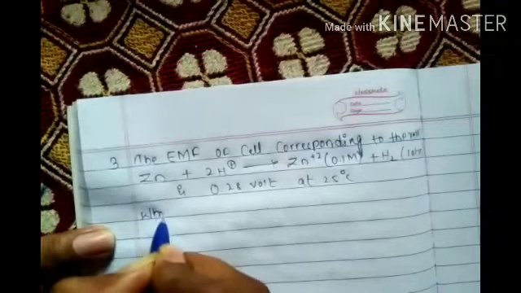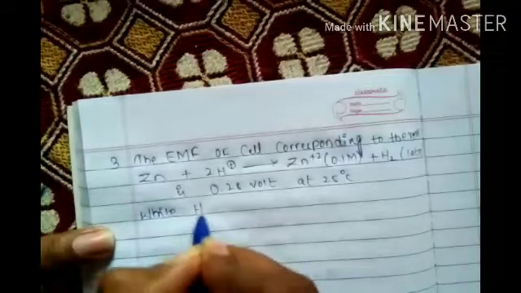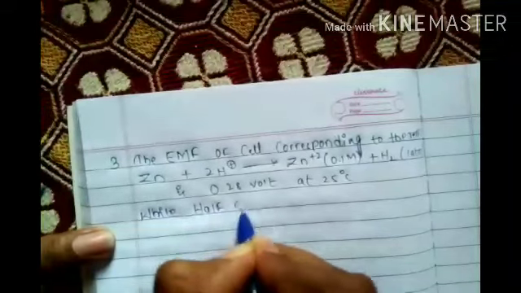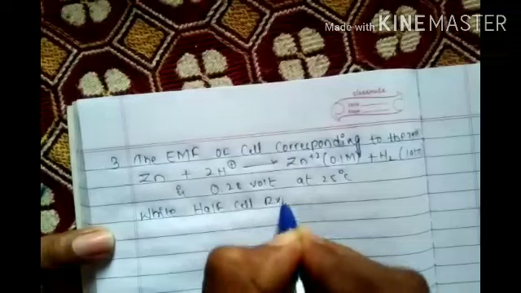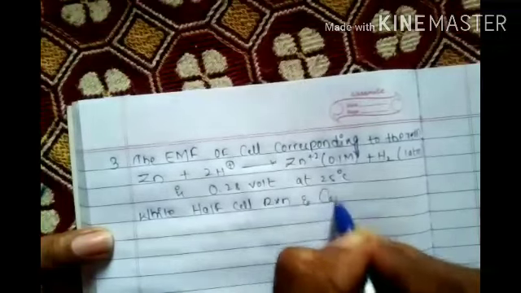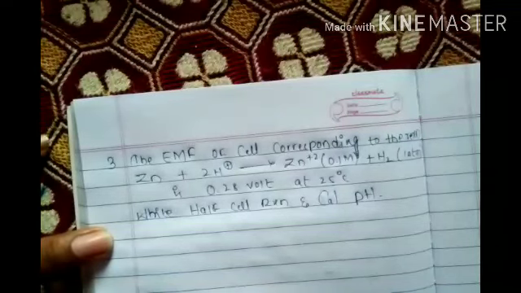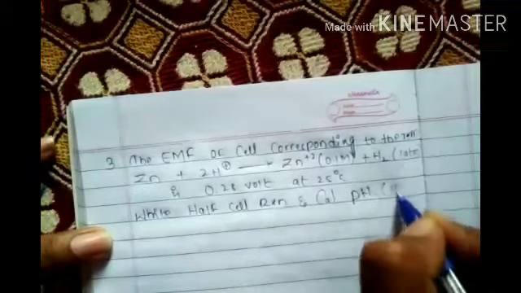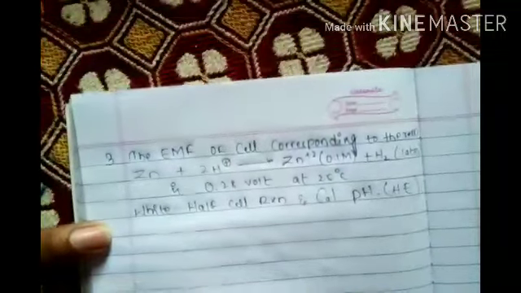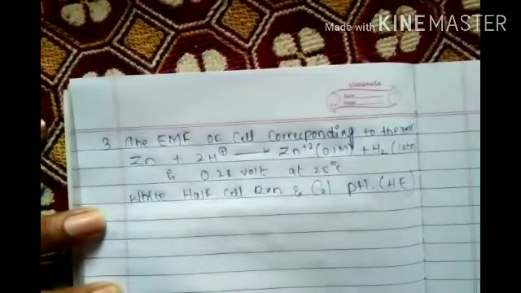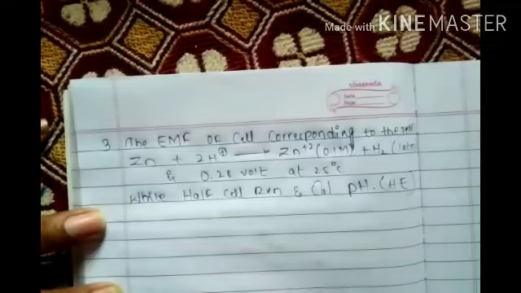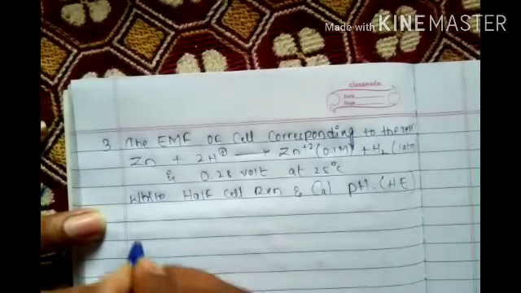Write half cell reaction and calculate pH with hydrogen electrode. Okay, with the solution of hydrogen electrode, everything remaining we already know.